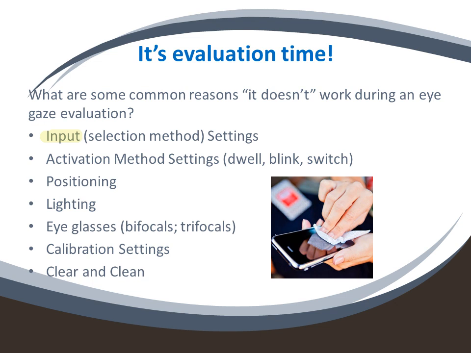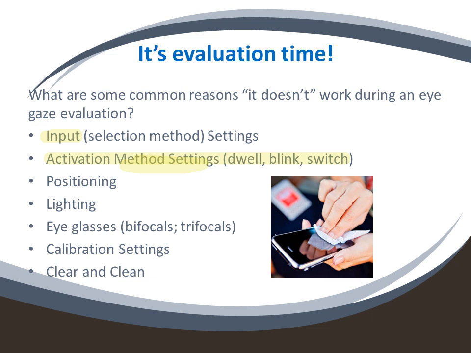So be careful of that. Another reason why it doesn't work could be your activation method setting. Maybe the person is unable to dwell, so they need to change to blink or to eye gaze with a switch. So you might have to change that.